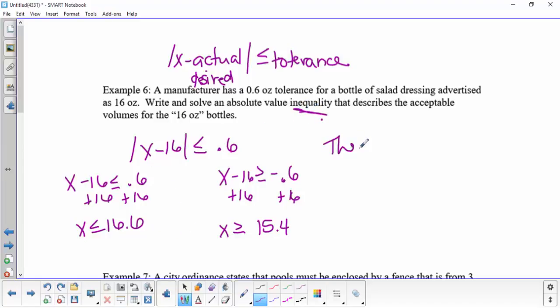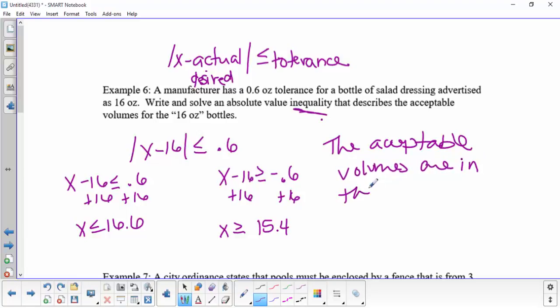So the acceptable volumes are in the range, and then we can write this as a compound inequality. 15.4 is less than or equal to x, which is less than or equal to 16.6.